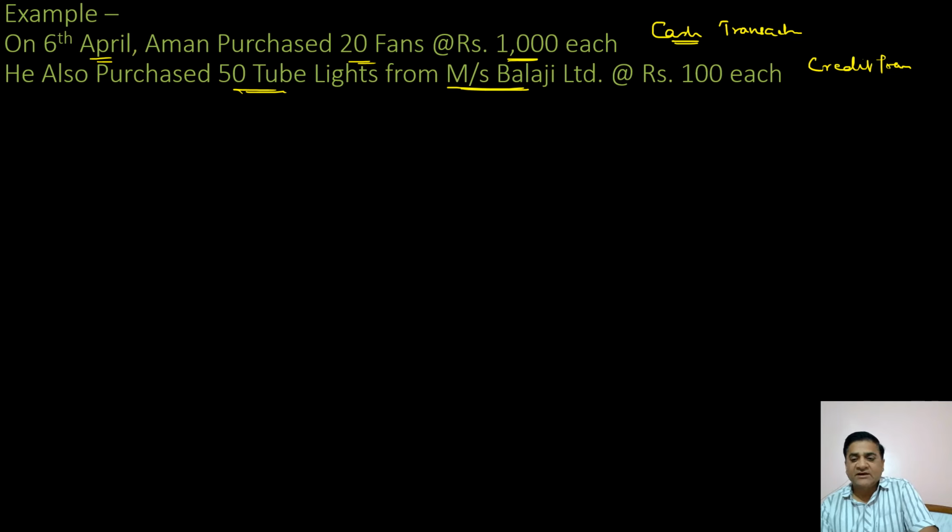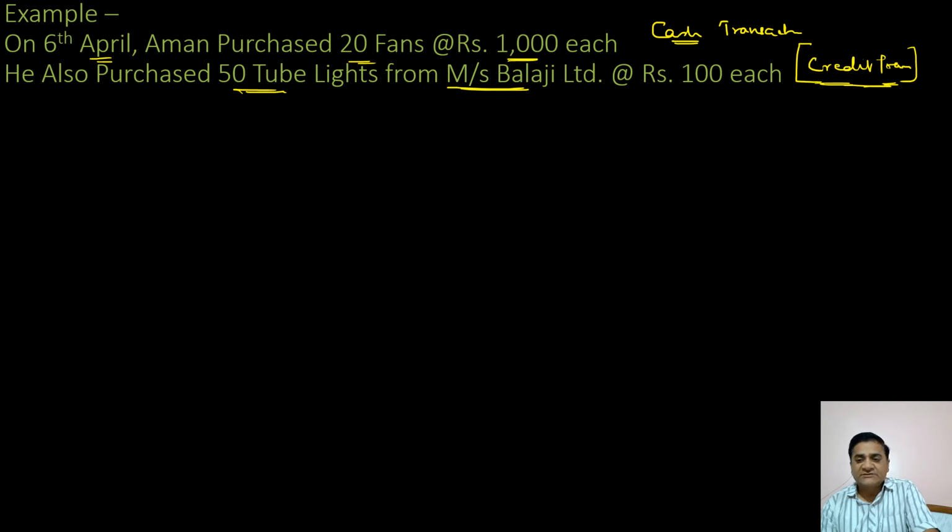Whereas in the second case, the name of the seller is mentioned, and there is no mention whether the payment is made right now or not. So we would assume that, because in accounting language, when the name is mentioned but there is no mention of cash or bank transaction, that is a credit transaction, right?